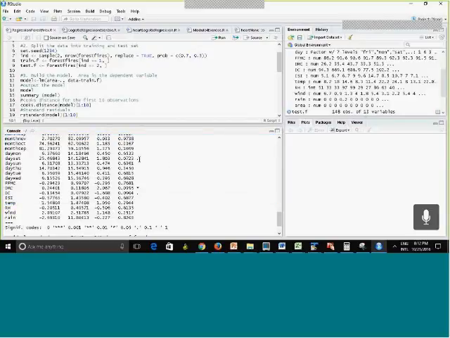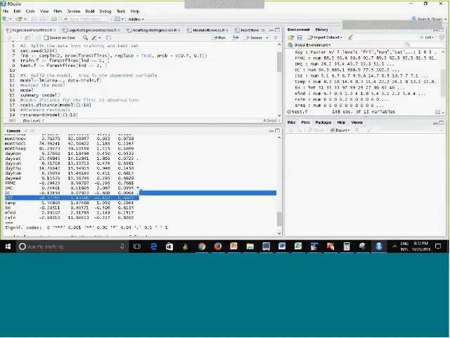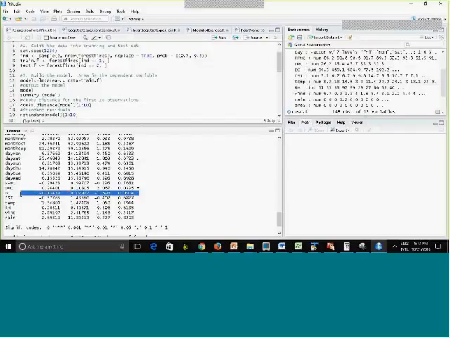Now, I want you to pay attention here. This identifies which variables are significant. And here, it shows you the significant codes, right? In this case, we don't have the 3, but we have 1. So basically, it's trying to say that this variable has a significant impact on the area affected by the fire.